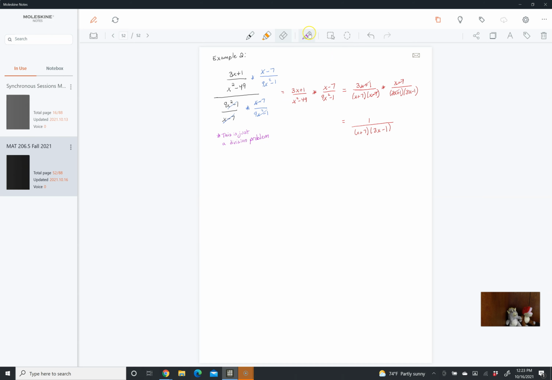Okay, one last example, and this one will be, so that's a complex fraction. It's just not as complicated as the one before. Let's do one last one that is as complicated as the first.